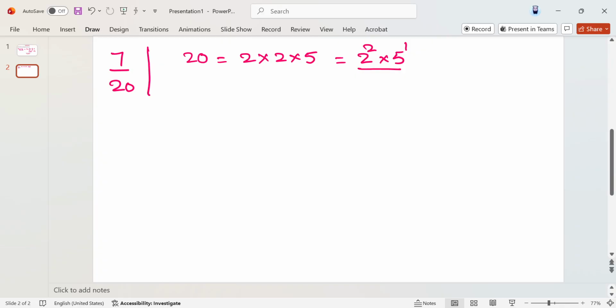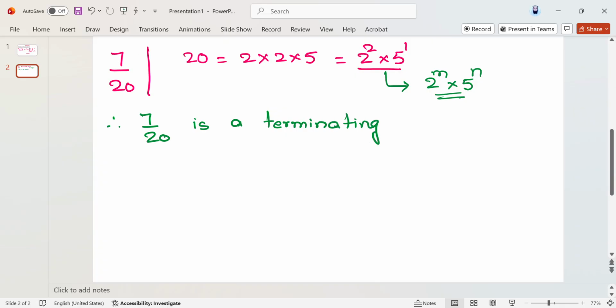Is it in the form of 2 to the power of m into 5 to the power of n? Yes, it is. Therefore, 7 by 20 is a terminating decimal. I hope you now understood how to do it.